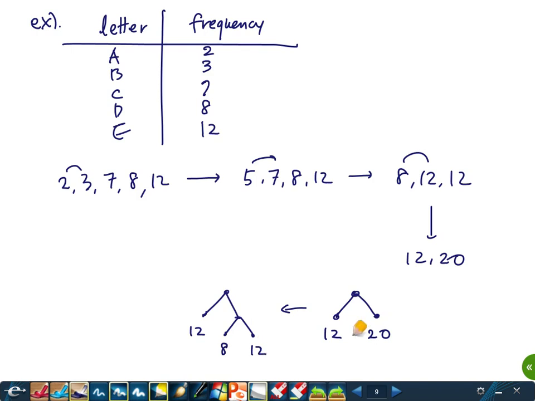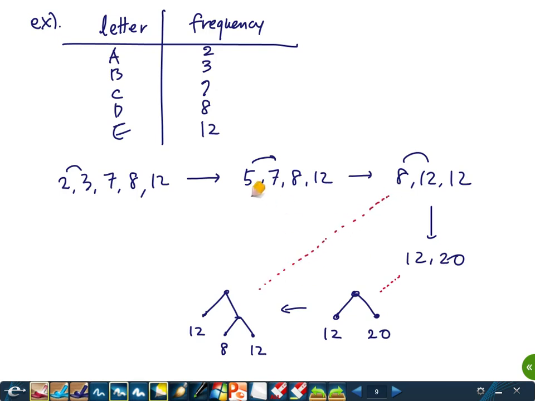It doesn't matter which side you put 12 or 20, that's fine. Now this is the Huffman tree for these 2 frequencies. This is an optimal Huffman code for this.